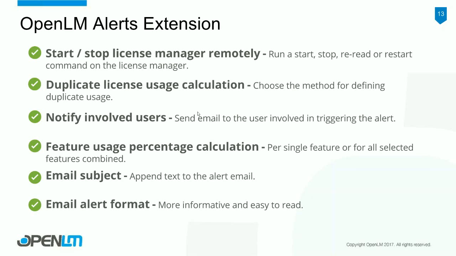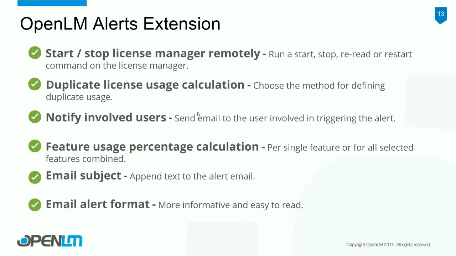First of all, the Alerts extension was given the ability to start and stop a license manager remotely. This gives you better control and better management using the OpenLM Alerts extension. As I mentioned in the start, this is what we're striving for with the Alerts extension.